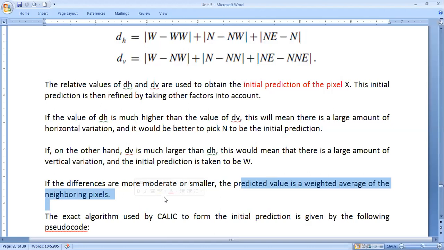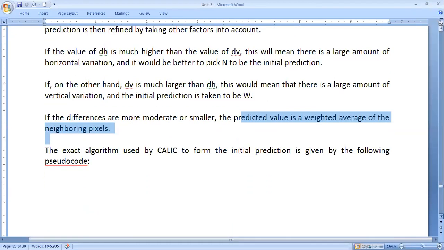And the exact algorithm used by CALIC to form the initial predictions, means this one जो हमने यहाँ पे देखा है कि what will be the initial prediction value of the pixel x. So the exact algorithm for this initial prediction can be understood by the following pseudocode.